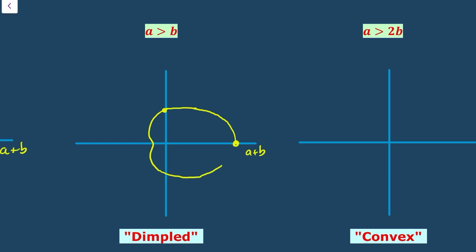That's what happens, and I go back to a plus b, still intersecting at a when I get to pi by 2 and 3 pi by 2. And this value here is actually the modulus of a minus the modulus of b, so mod a minus mod b.